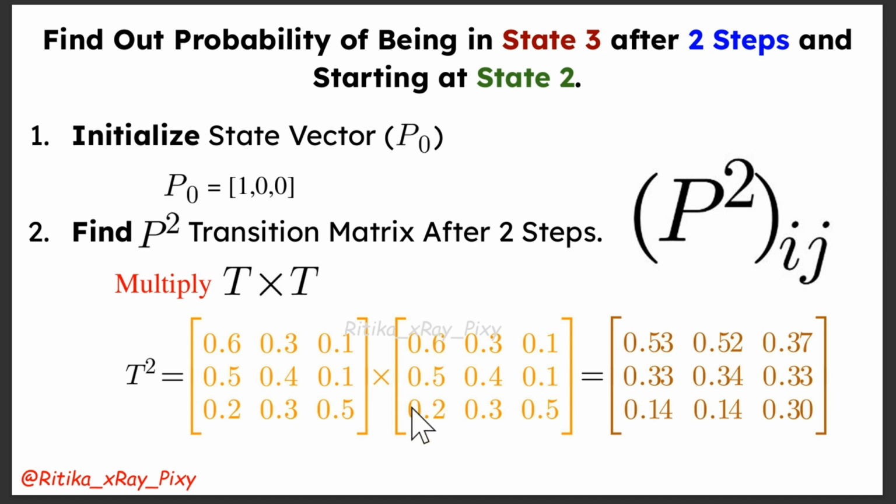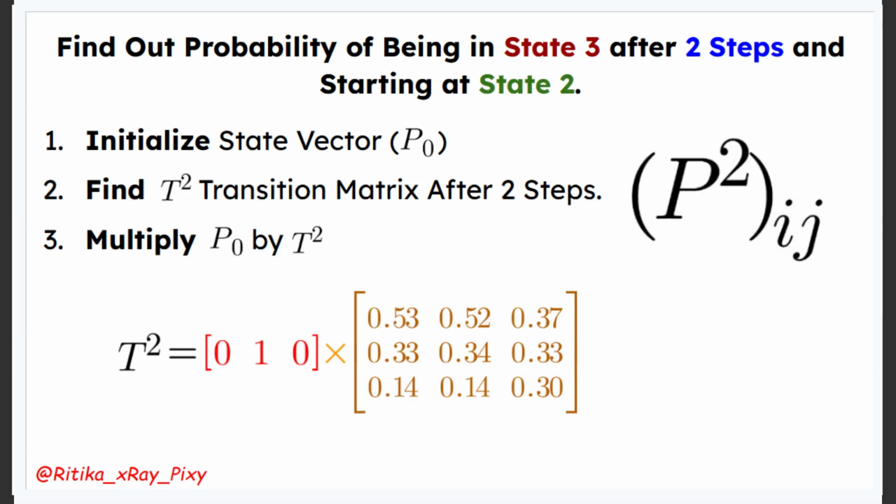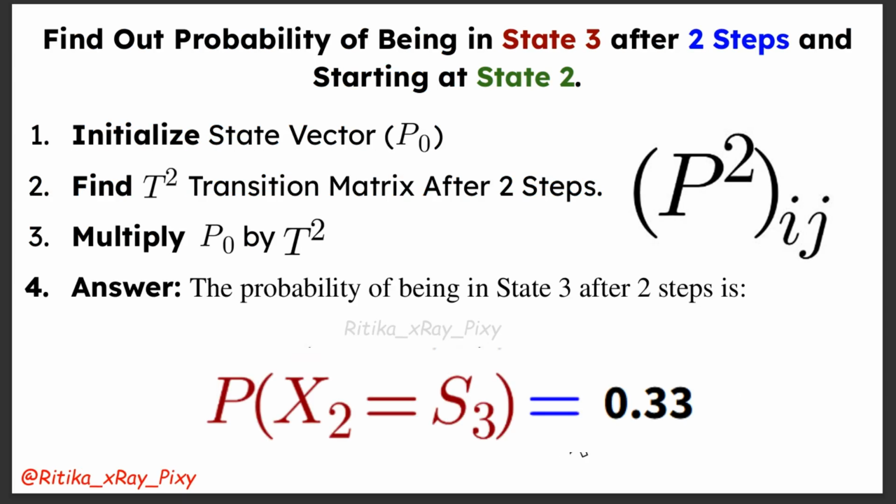Now we will find the transition matrix after two steps. To do this, we multiply the transition matrix with itself, and we get this one. Now we multiply the initial state vector with this result. Here you can see the probability of being in state 3 after two steps.